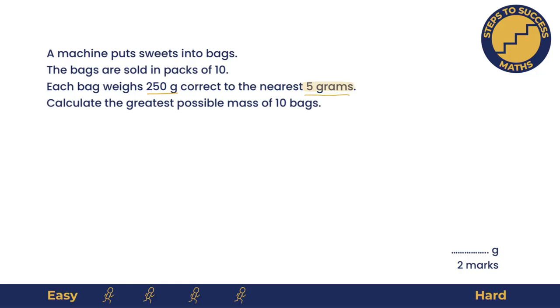And we're going to find the greatest possible weight. So we want the highest number, the upper bound. So what's the upper bound of 250 grams when you round it to the nearest 5 grams? Your choices are 250 or 255, and you want to fall bang in the middle of those.